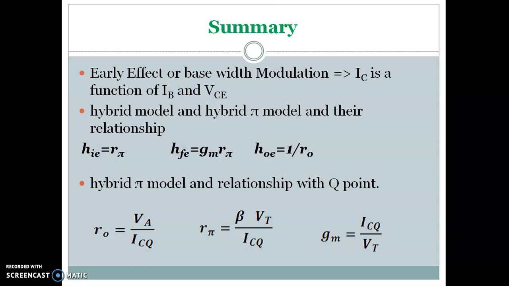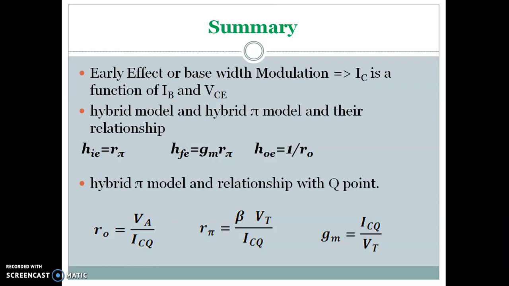And we saw the relationship between the hybrid model and the hybrid pi model. hie is the input impedance in the hybrid model, R pi is the input impedance of the hybrid pi model. hfe is the forward current gain, here gm R pi is the forward current gain in hybrid pi. And hoe is the output admittance in the hybrid model, 1 by R0 is the output admittance in the hybrid pi model.